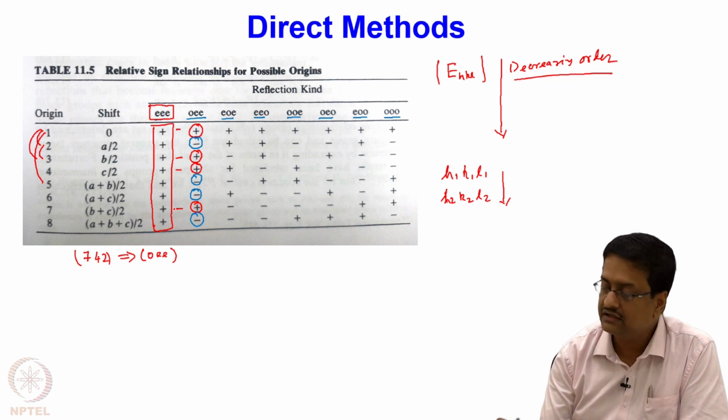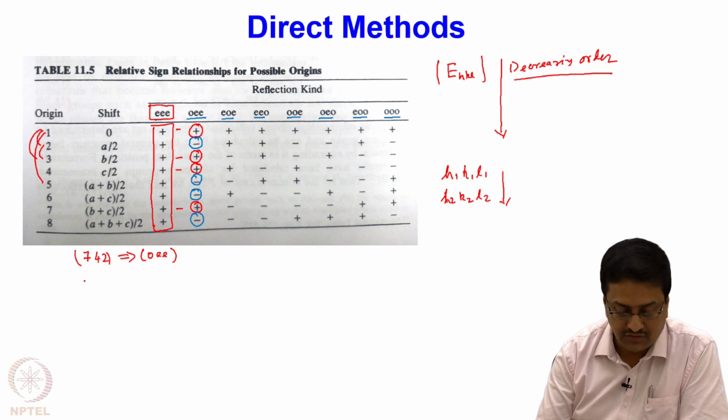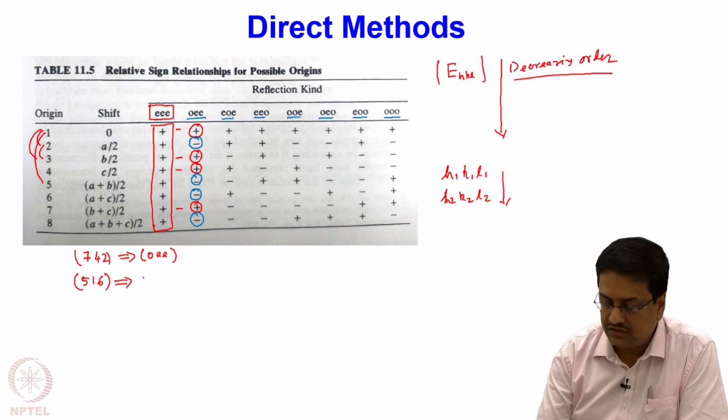So by assuming this to be correct, we try to assign the phase of some other reflection, like 516, a strong reflection, which falls in the odd even set of reflection.